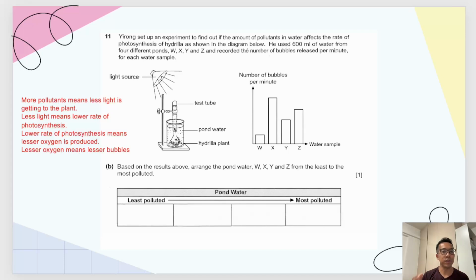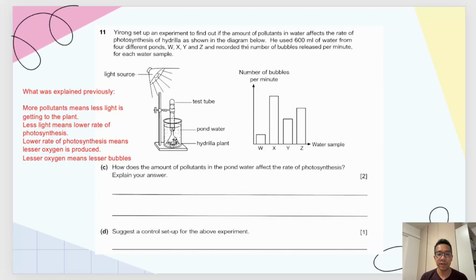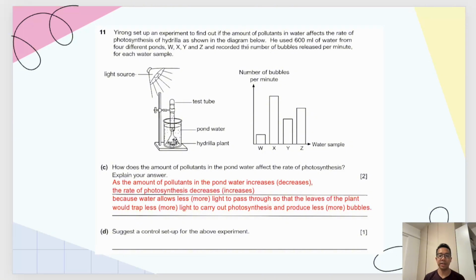Slower rate of photosynthesis means lesser number of bubbles per minute. Take your time and digest this concept because it is very important for this question specifically. So for part C, it is what I mentioned earlier, and here is the model answer itself.